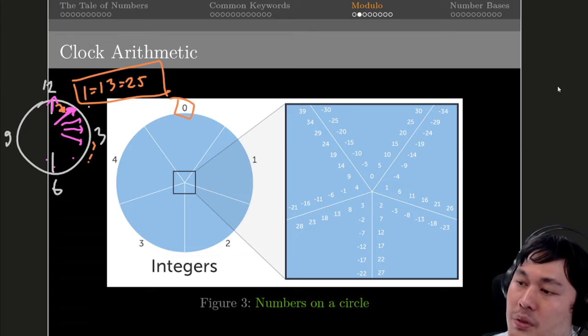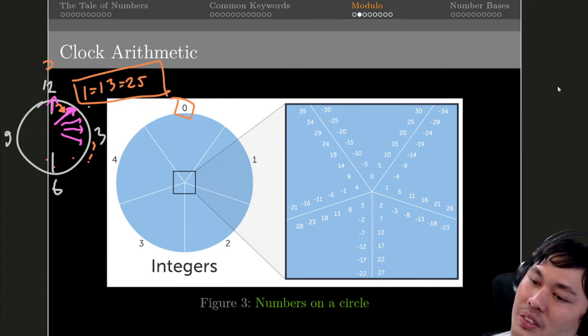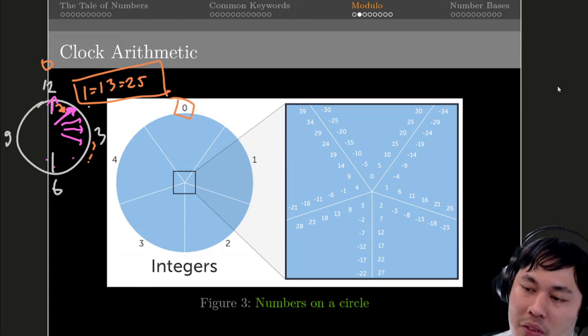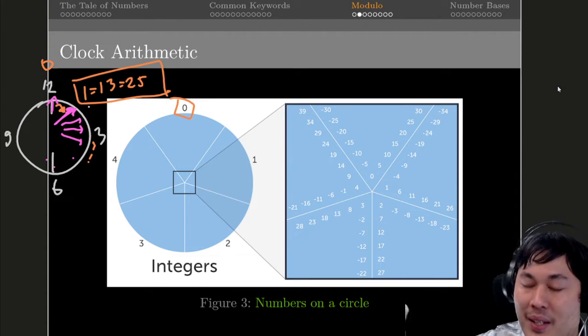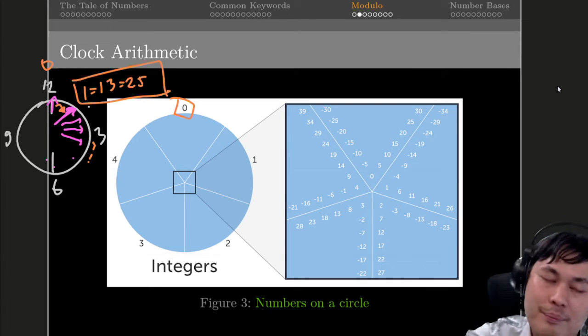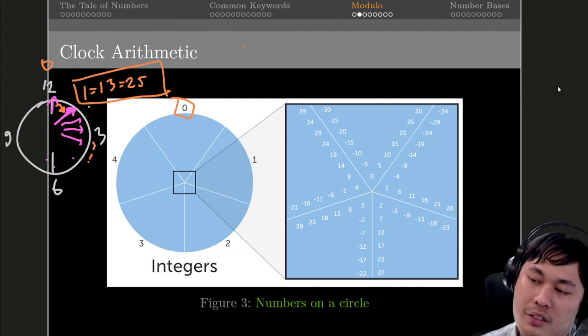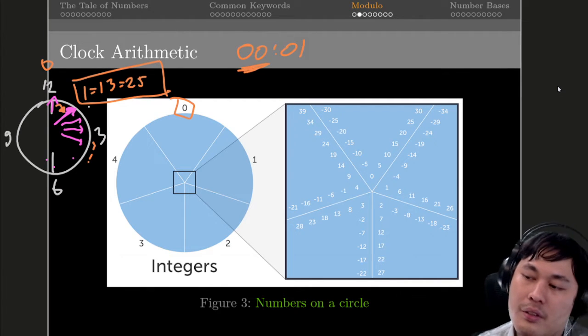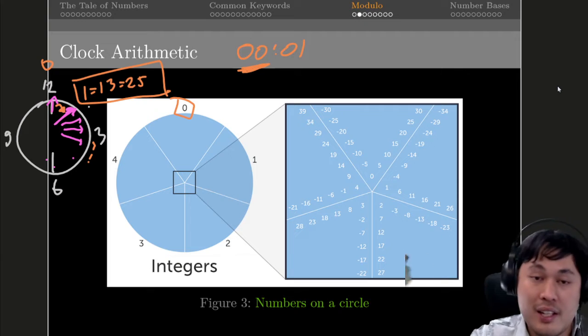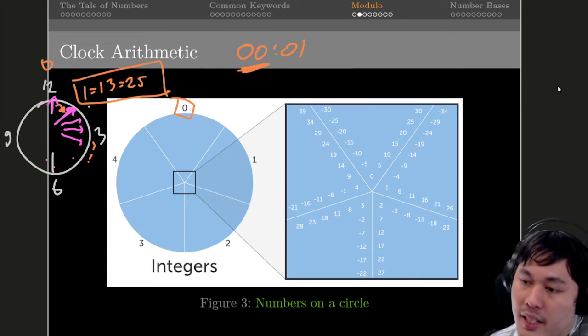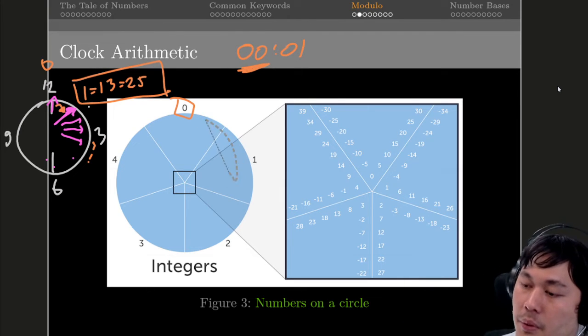Because if you want to tell time, you use 0 a.m. as the start of the day. You don't start at 12 p.m. Sometimes you do, I mean 12 a.m., sometimes some people do. But on a digital clock, it starts at 0. So that's the start of the cycle. And then it goes around clockwise.